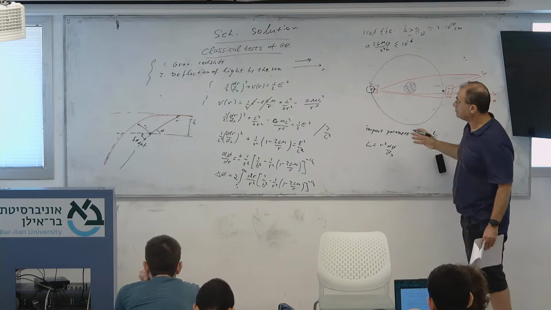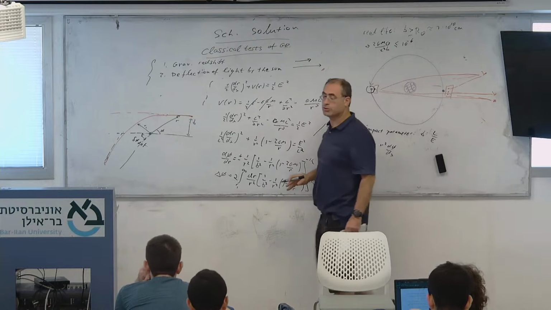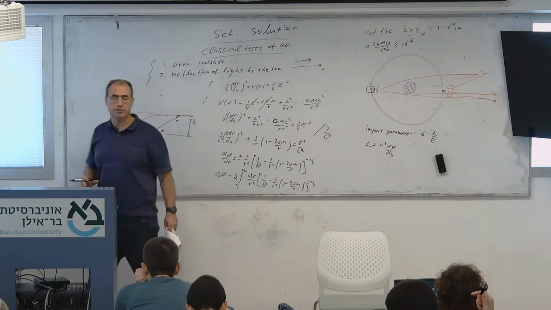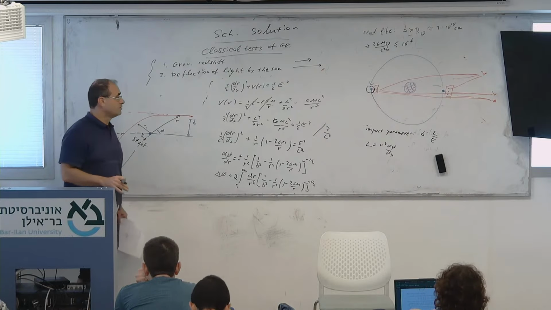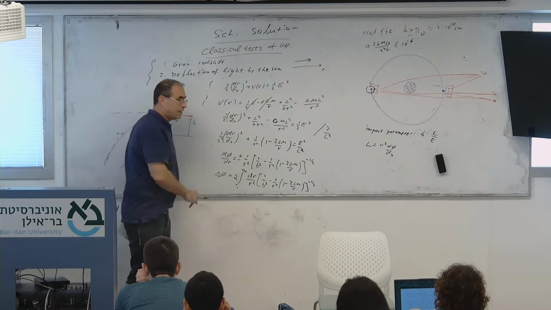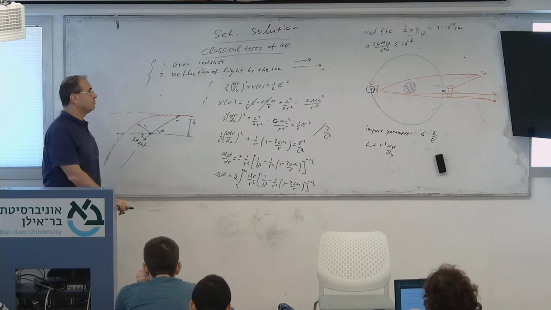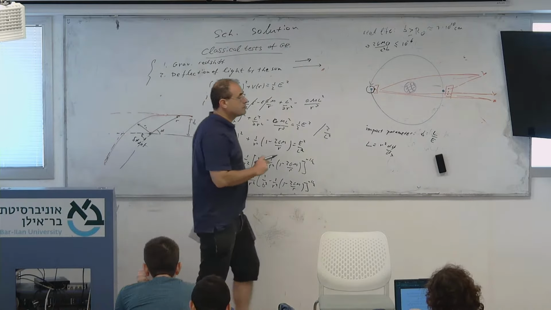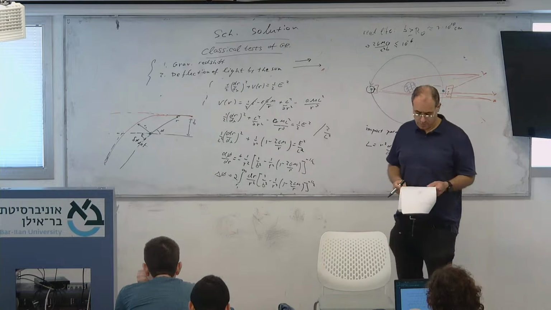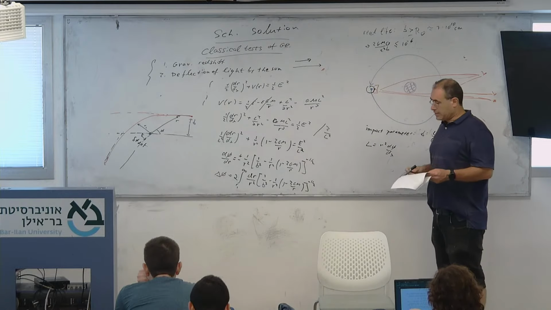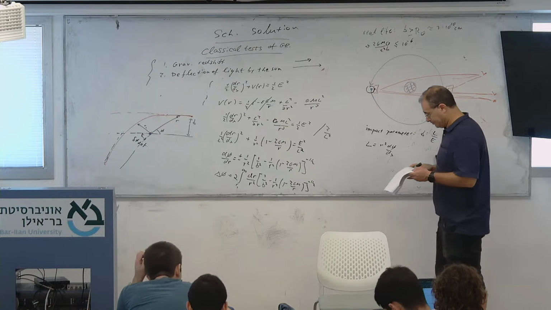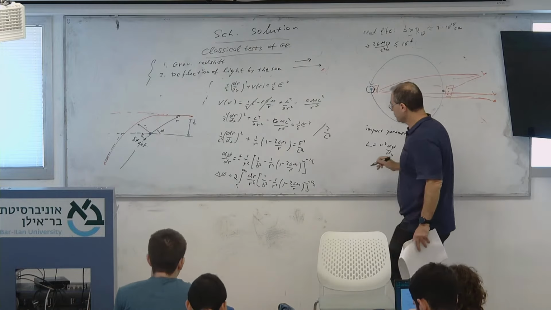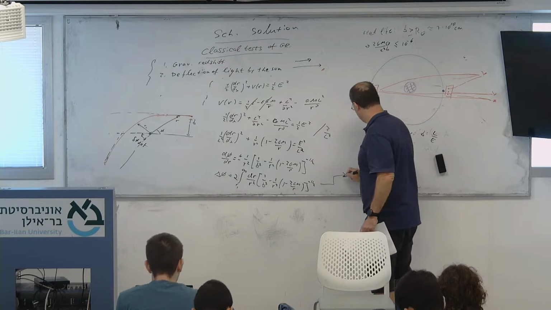Okay, now there is a solution. The full solution is given in the textbook by Hartle, which I didn't bother copying because you can simply go to the textbook and see how Hartle solved this equation. Because of the smallness of this parameter, it's done in a perturbative way, basically a Taylor series in GM over b. And the solution, I'll just give you the final result.